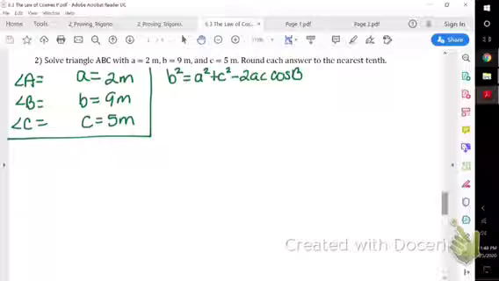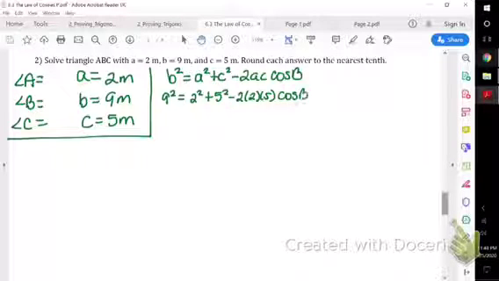Let's plug in what we know. Okay, let's work out the squares and let's multiply that little part towards the end.